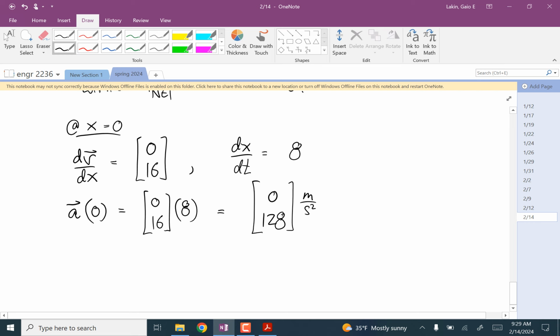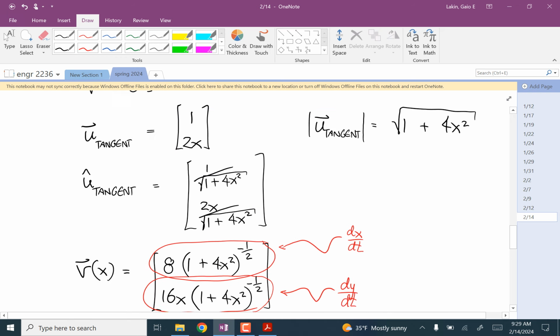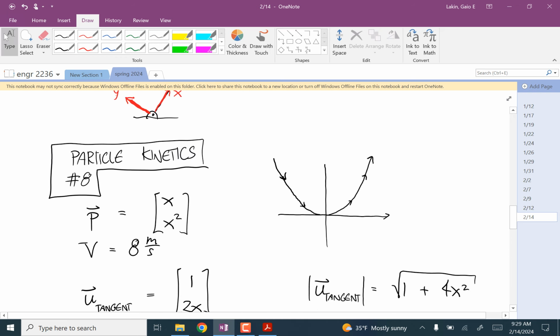Okay, does it make sense that we have an acceleration when x is equal to 0 that's up? Yeah, it does, because since the speed isn't changing, there's no acceleration tangent to the path, right? That would make the speed change. So all you have is basically a centripetal acceleration.